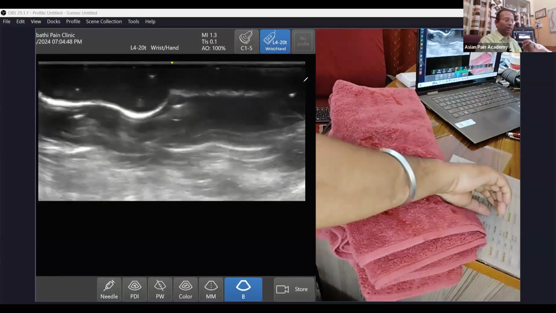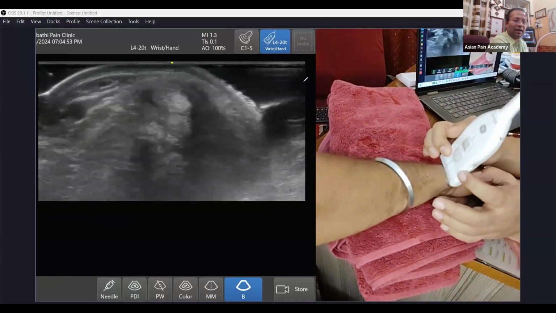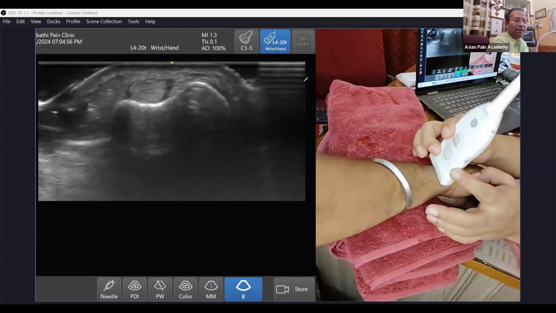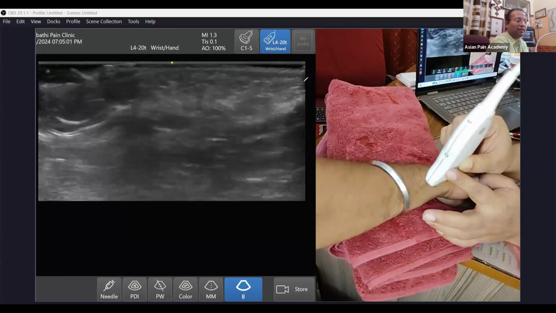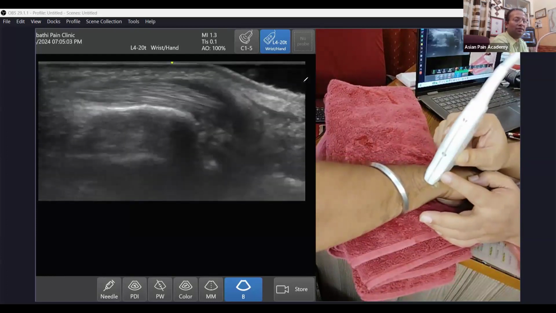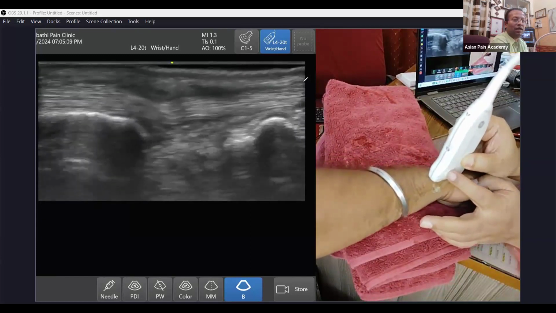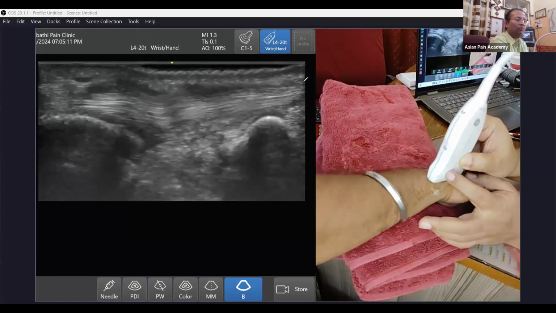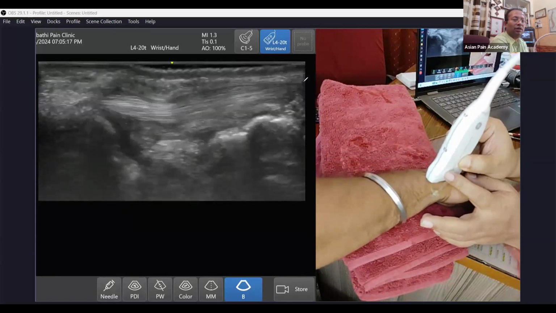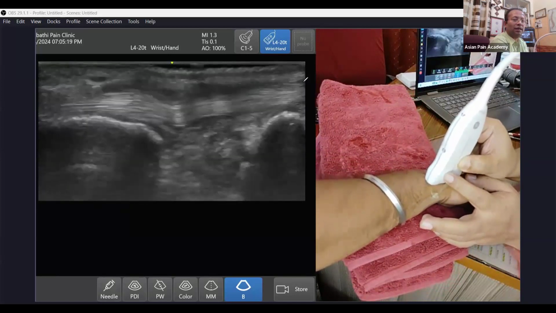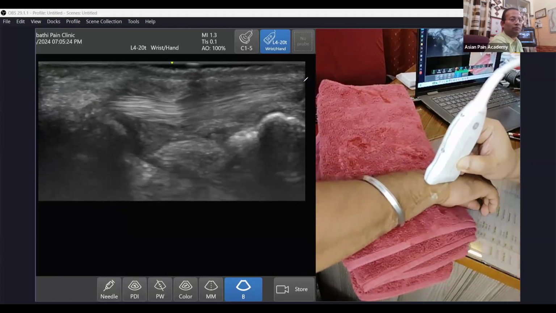Okay. So here, for seeing the TFCC, you look at the extensor carpi ulnaris. Let us see the extensor carpi ulnaris in a long axis. We already showed you. So you can see the extensor carpi ulnaris tendon.